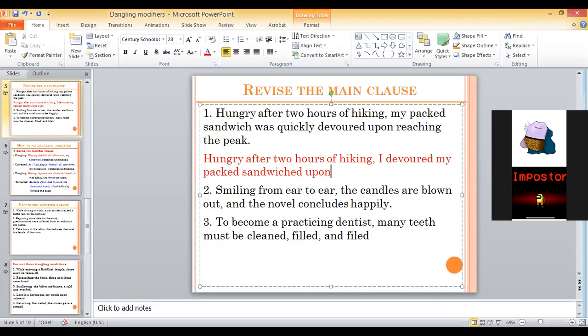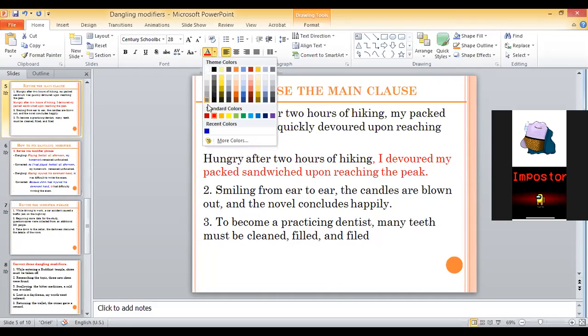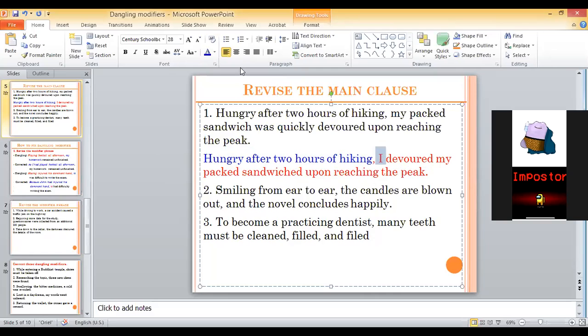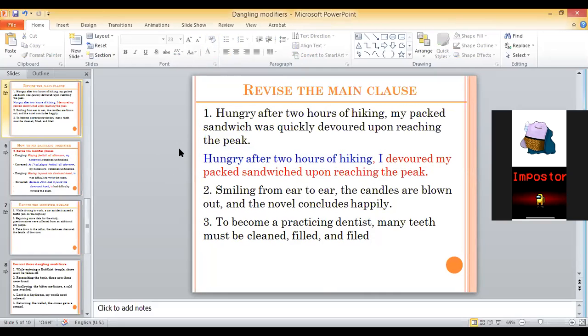Upon reaching the peak. Okay, all right. That is the way that I can use. That's why you can see "hungry" here become the modifier that I can use to modify the subject I. So: hungry after 2 hours of hiking, I devoured my packed sandwich upon reaching the peak.